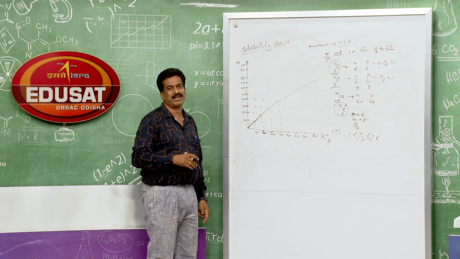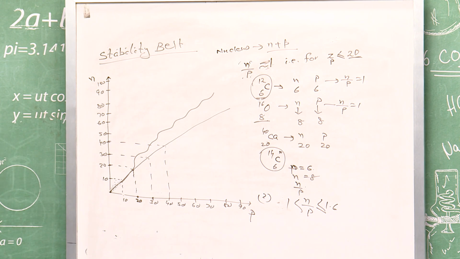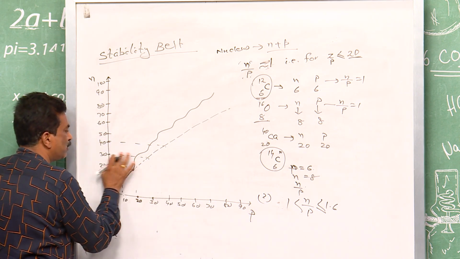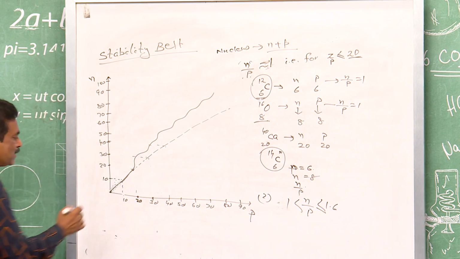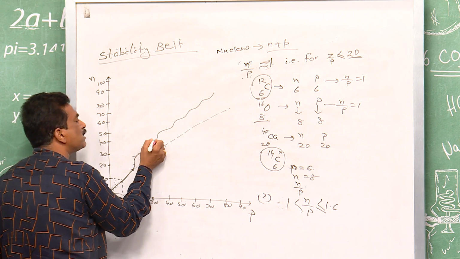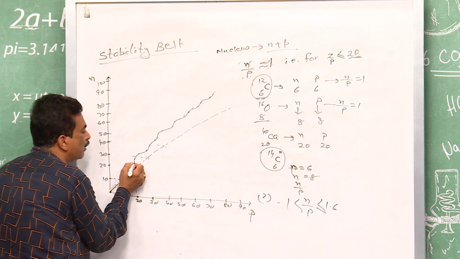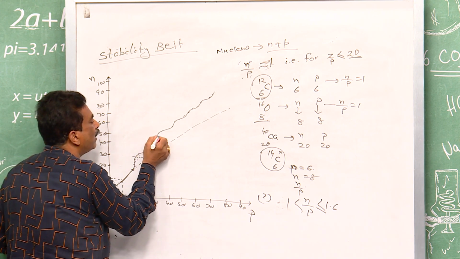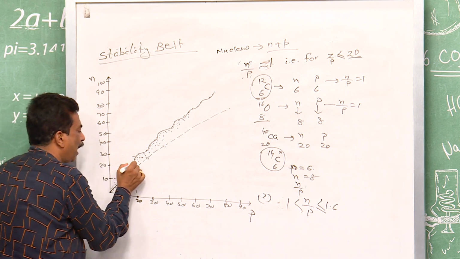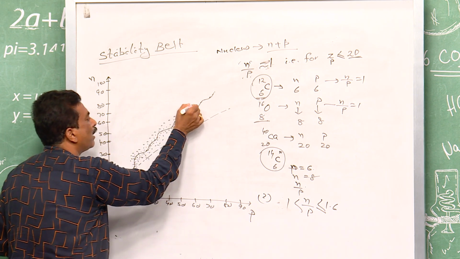Beyond 20, the elements which remain on this curve are stable, but those which do not remain on this curve, the dotted portions, are not stable, and the ratio may be greater or less than that.